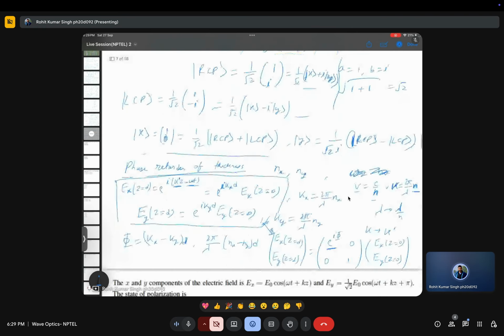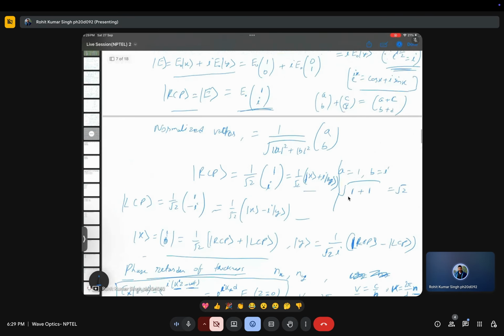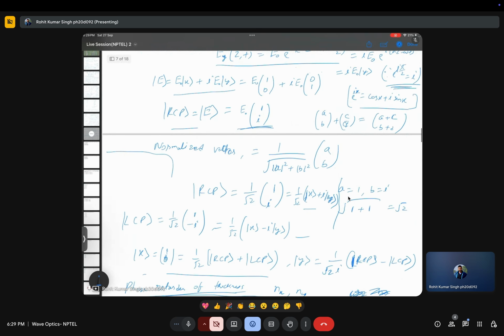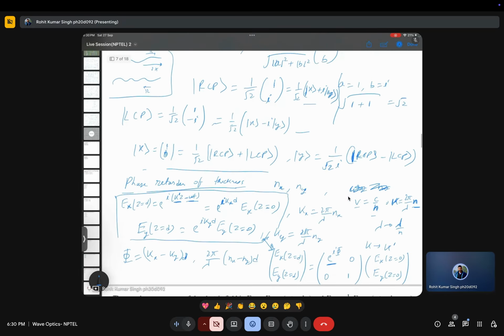You have two waves. Either you move one by 2 pi, or move both of them by pi, one in this direction and the other in this direction. It's the same thing. It will lead to a change of 2 pi phase difference.